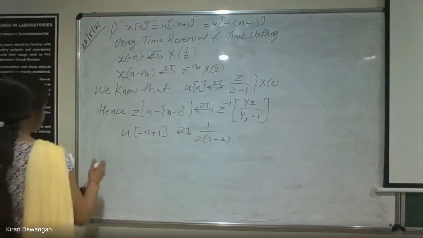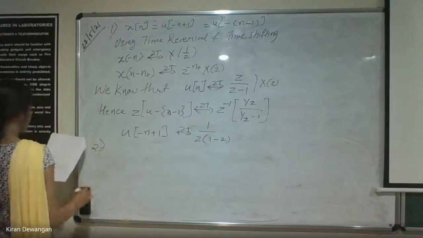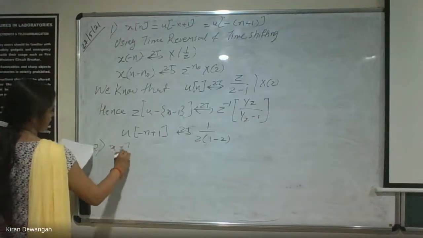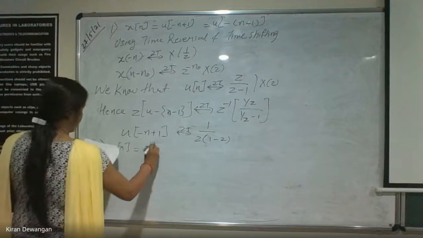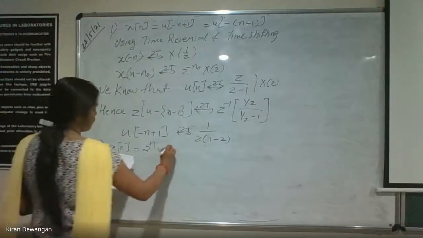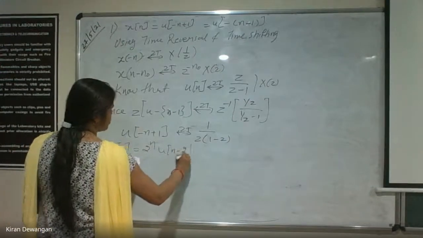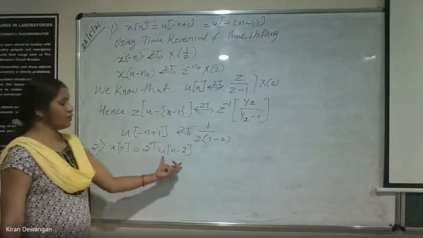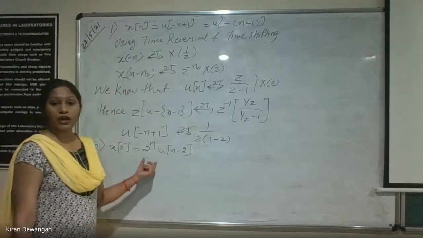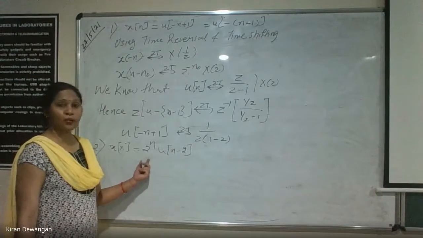ठीक है. Now the second question, if my x of n is 2 to the power n u of n minus 2. Now 2 to the power n u of n minus 2, this is the question where we make use of the property, कौन सी property?